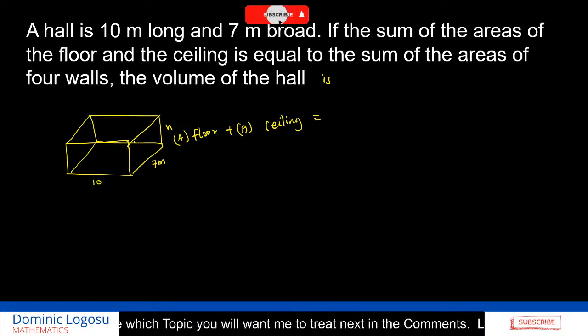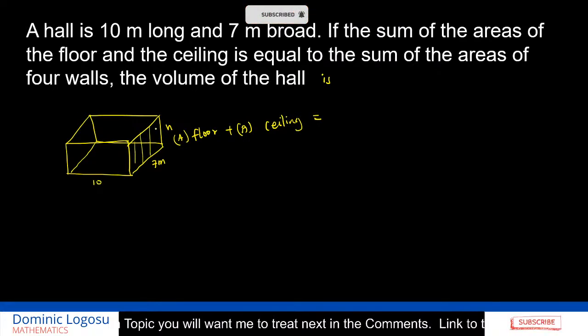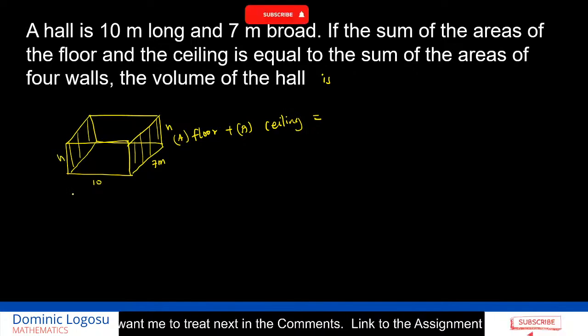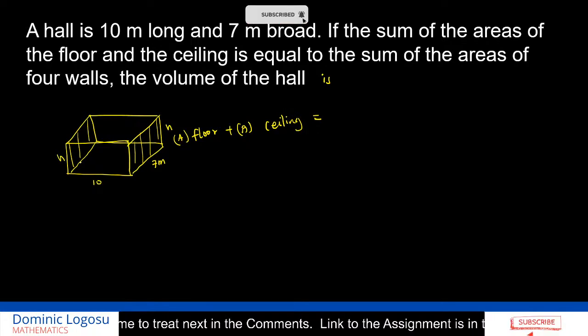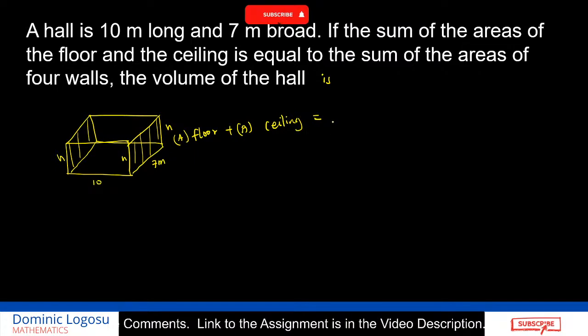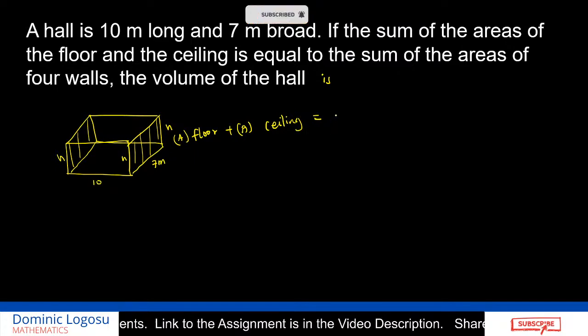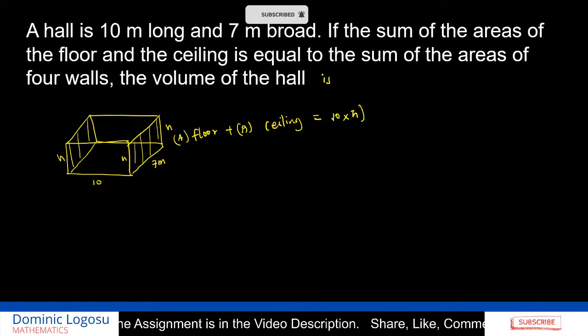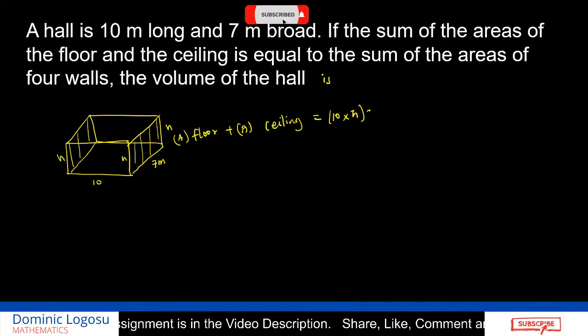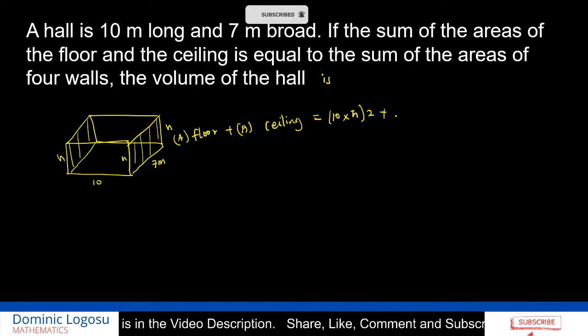So we need the height, because if it comes to finding this side of the wall and this side of the wall, it will be 7 and the height. And then this side will be 10 and the height. It's very, very important, okay? So let's establish that the first wall will be 10 times the height, and that's 2 of that, plus the other wall, which is this side.